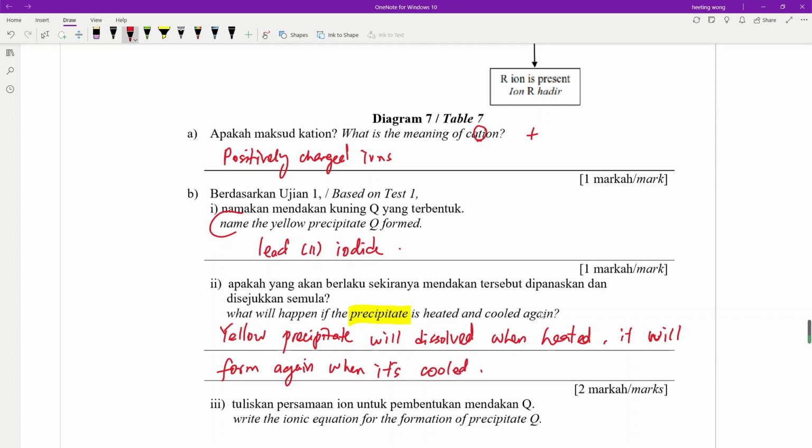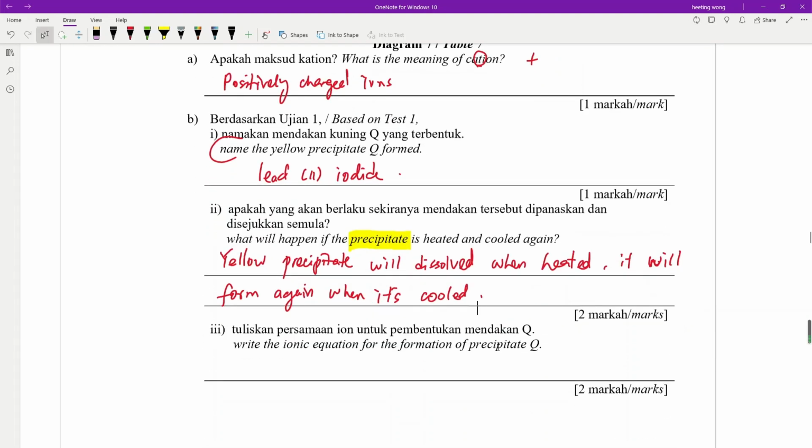Meaning that the concept of this question is the lead 2 iodide will dissolve in the hot solution or hot state, but it becomes insoluble in the cool state. Cool state.